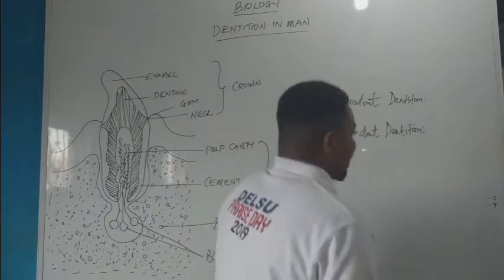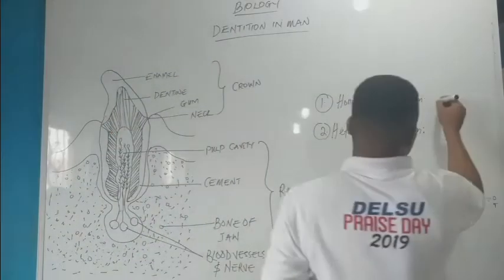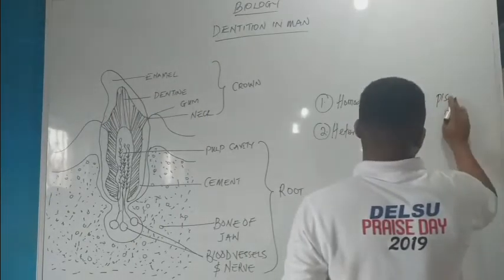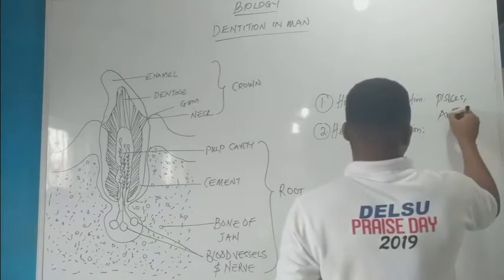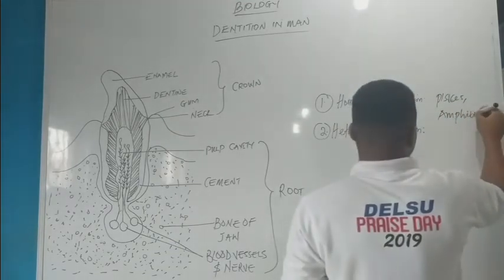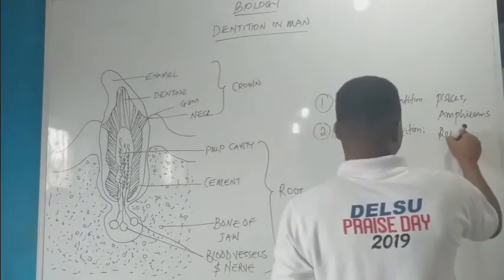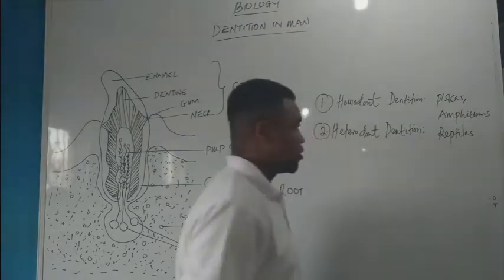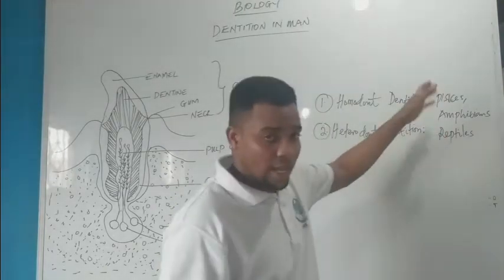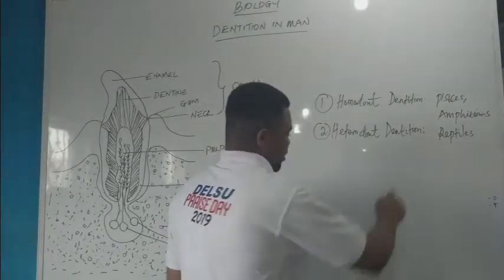Examples of animals that have homodont dentition are your species, then your amphibians, then your reptiles. These are organisms that have homodont dentition.